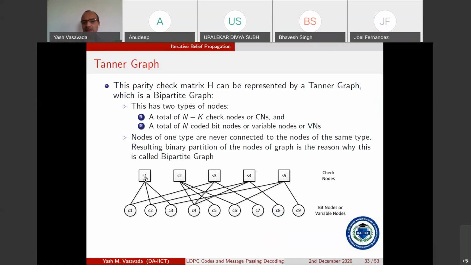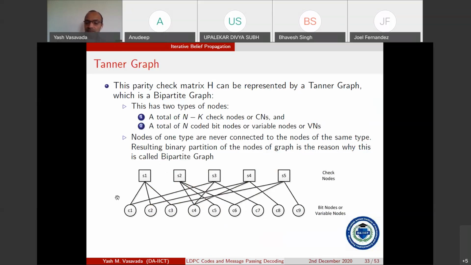The reason it's called bipartite is because in total it has 14 different graphical nodes. They get separated into 2 classes. That is why it's a 2-way partition of the nodes, and that's why the word bipartite came from. And the reason it is a 2-way partition is because none of the supervisory nodes are interconnected, and none of the bit nodes are interconnected.